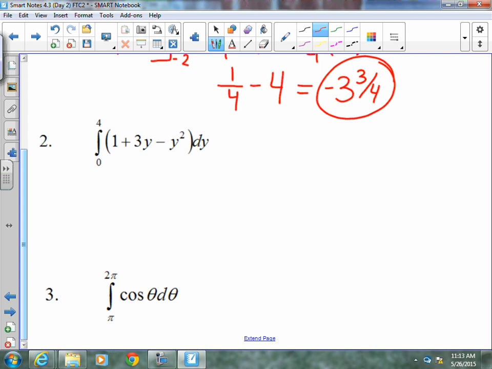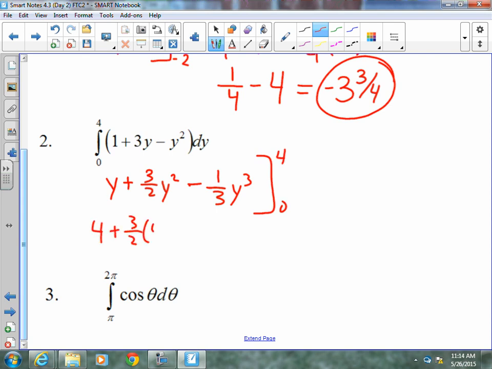This one, let's antiderive. Not plus, minus 1/3 y cubed, and all of this is from 0 to 4. We get 4 plus 3 halves times 4 squared minus 1/3 times 4 cubed. If we plug 0 into all of that, we just get 0.